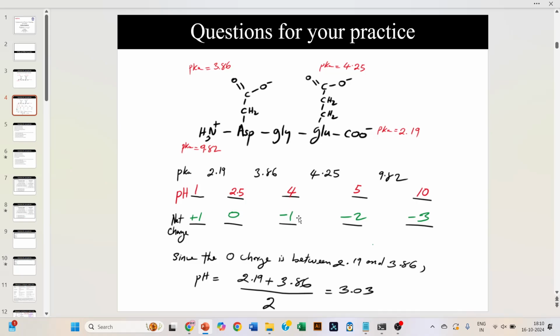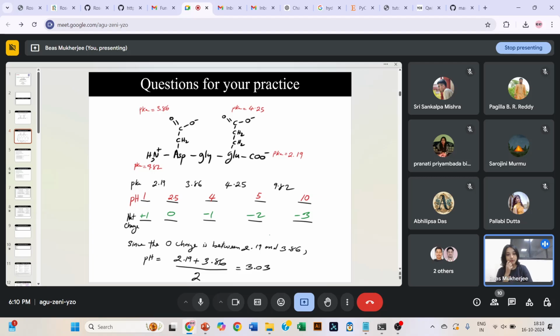Then the net charge is going to become -1, then -2, and then -3. So the two pKa values between which the net charge is 0 are this and this. And therefore your pI is going to be 3.03.